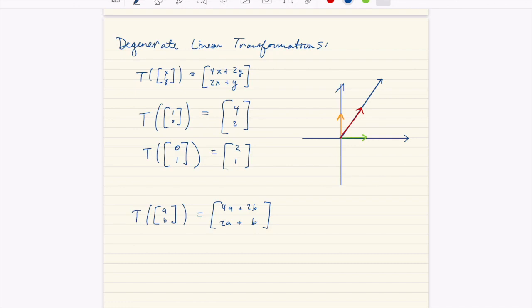What that's really doing is multiplying by the matrix [[4, 2], [2, 1]] times (a, b). That's really how we should think of the linear transformation: multiplication on the left by that matrix. Whatever vector you start off with, you're going to multiply by that matrix [[4, 2], [2, 1]].